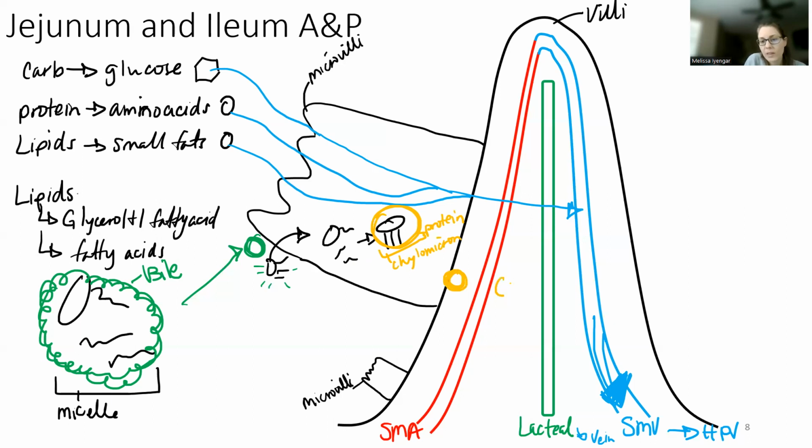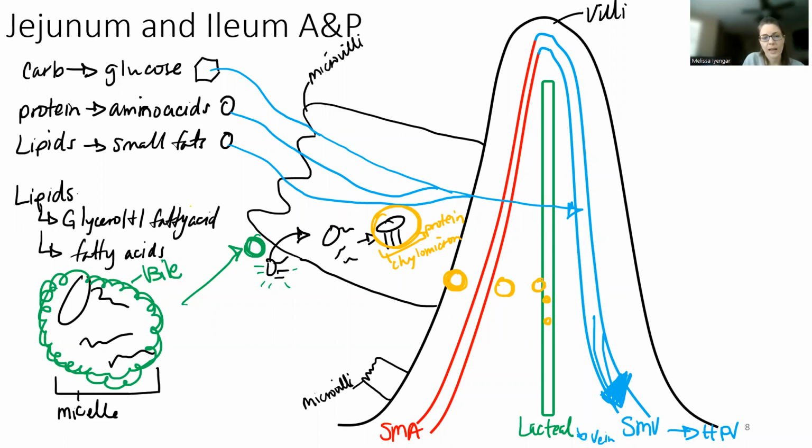But it's so big that as it starts to move towards the vein, I know it looks big here, but the lacteal will be much bigger and have these little openings. It actually gets sucked up into the lacteal instead. So the chylomicron is going to have these bigger lipids, these triglycerides that get absorbed better into the lacteal. And then as you get to bigger veins, you can dump those fats back into the vein system because the vein will be much bigger now, okay?